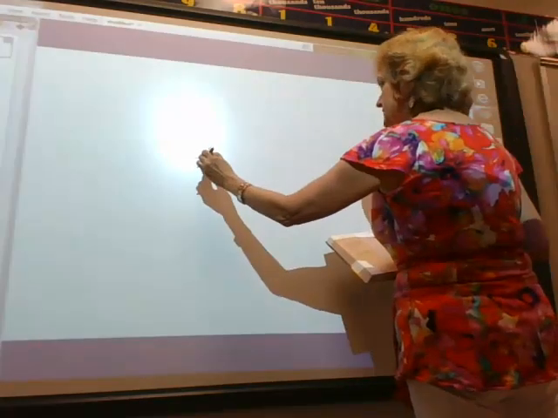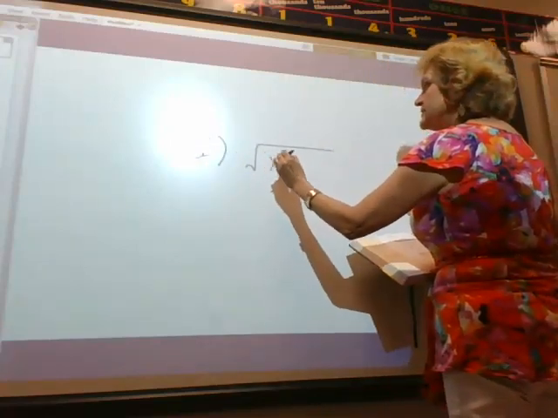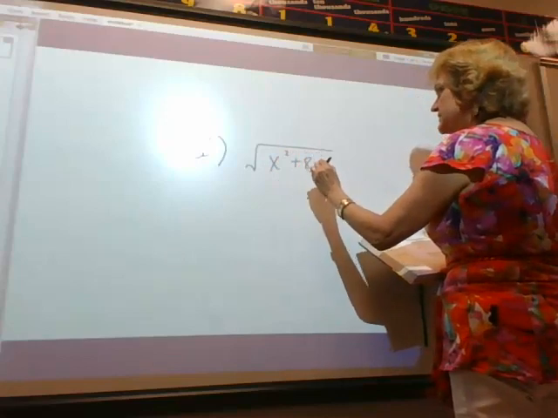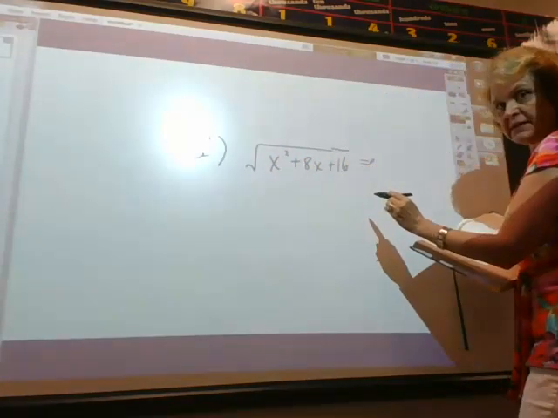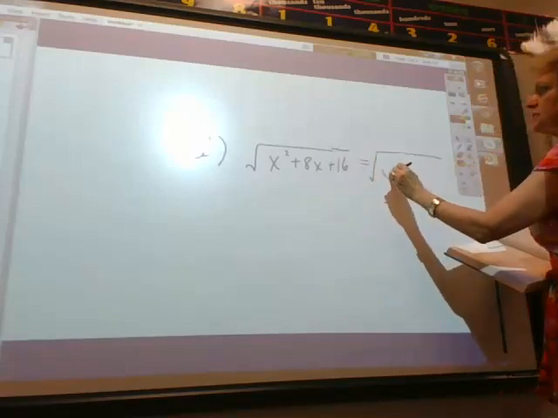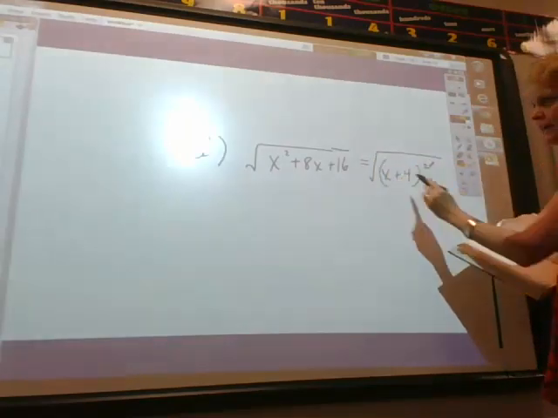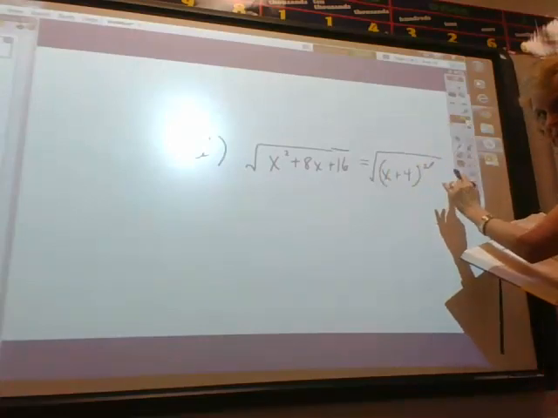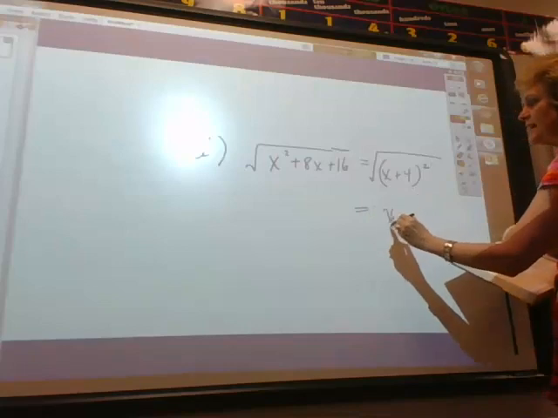Now I, here we go, we have a trinomial again. X squared plus 8x plus 16. Okay, so this factors into x plus 4 squared, right? I could write x plus 4, or simplify it like this. And so the answer, x plus 4.